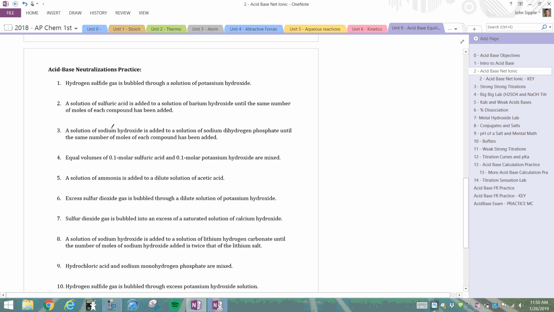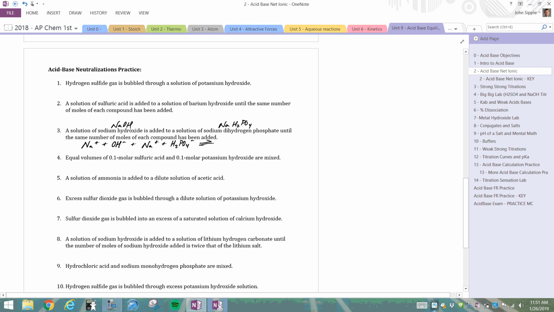We have sodium hydroxide, NaOH, one of our strong bases, so we're going to write that as Na plus and OH minus. It is added to a solution of sodium dihydrogen phosphate, NaH2PO4. That is also just a salt, totally soluble, so Na plus and H2PO4 minus.